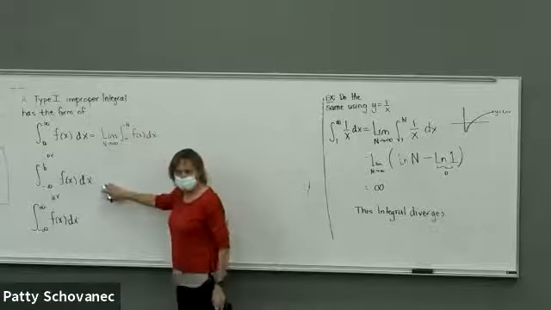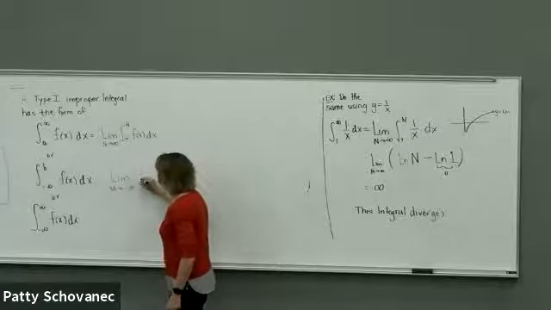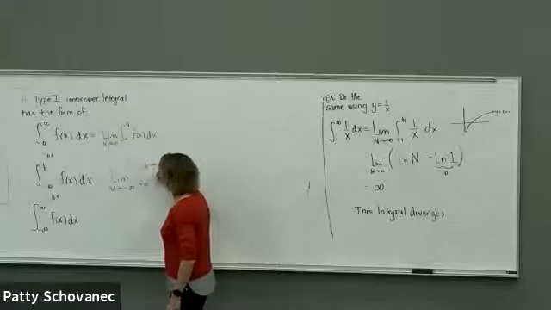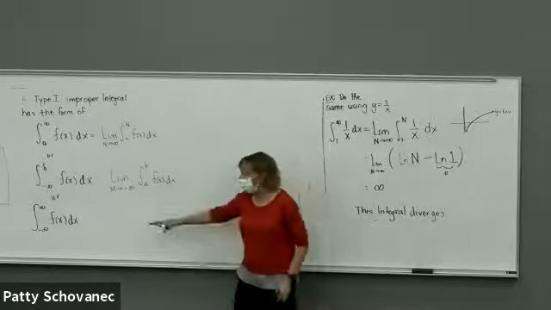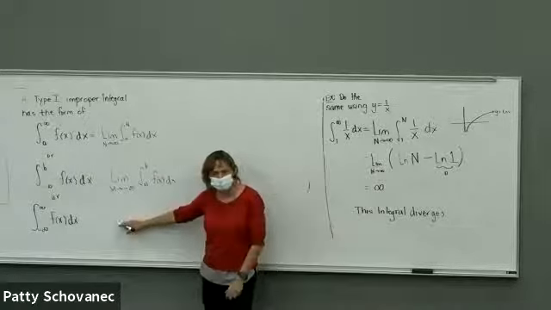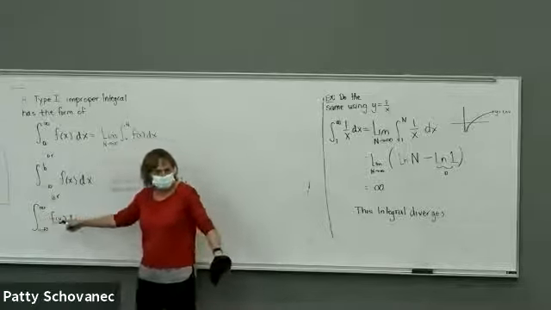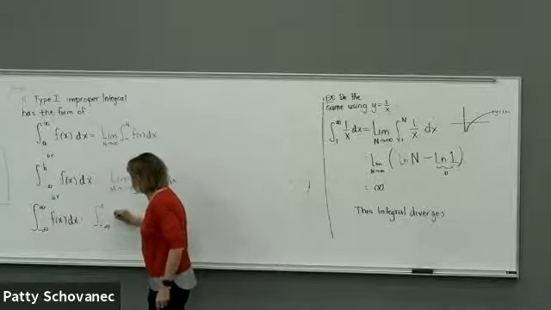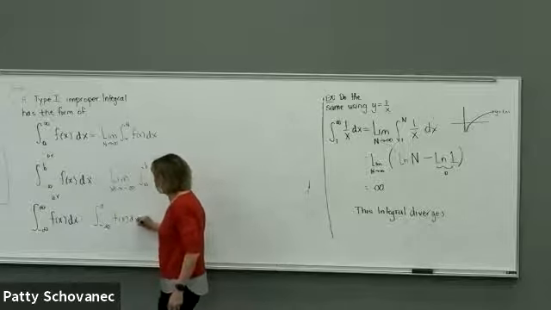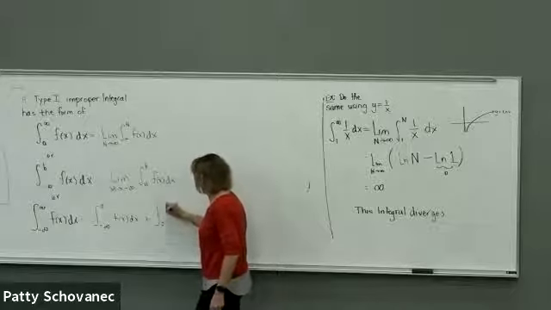Here we'll put a letter at the bottom, and let that letter go to minus infinity. So I'll just use an m. And I'm integrating from m to b. If we have this case, we've got to do 2 integrals. We first break this up at some in-between point. I usually use 0, and write this as the integral from minus infinity to 0 plus the integral from 0 to infinity.